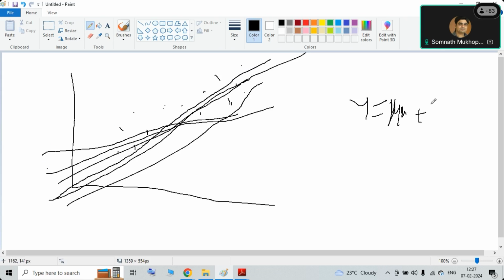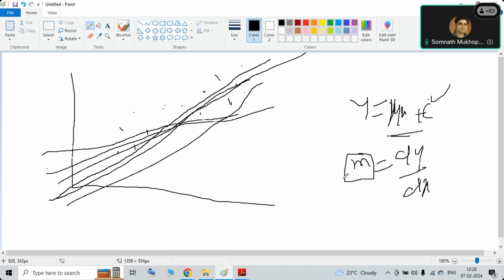Suppose the best fit line goes through the origin. The equation of the straight line is y equals mx plus c, and if the line goes through the origin, then c is 0, and m is my gradient, dy/dx or df/dx, whatever.